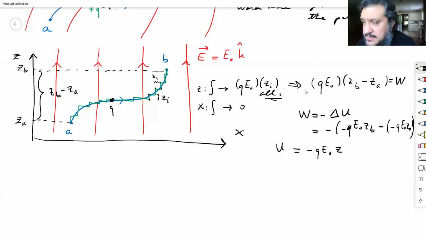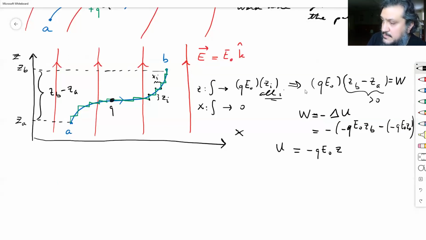Now, why did you get a negative number? The test charge was positive, right? So this force was already pushing it upward, so that force would do positive work. That's fine. This is a positive number anyway. ZB minus ZA is a positive number.